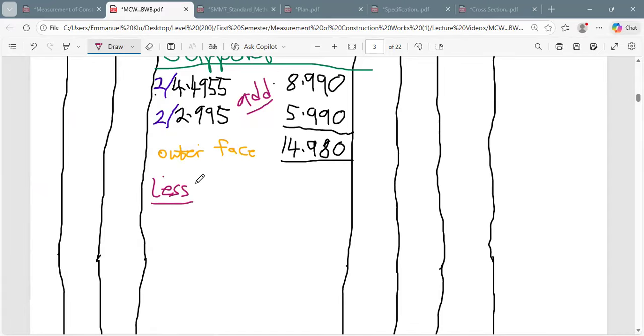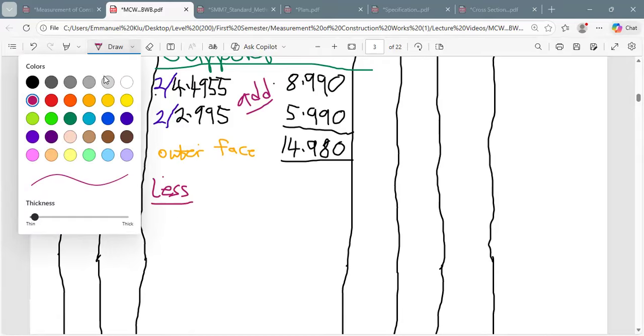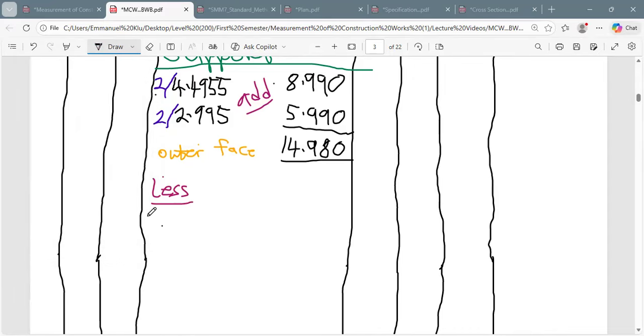We have to less 4 times 2 times the depth of excavation, so 4 times 2 times 0.75.